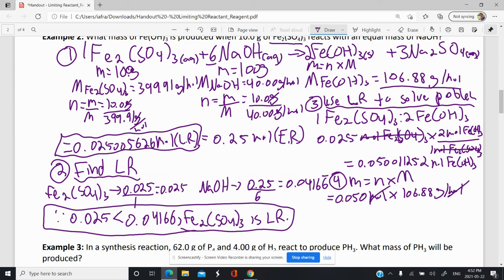Cancel mole out and you're left with grams. So times 106.88. And I get 5.3435202 grams, which is approximately, let's see how many sig figs we need.